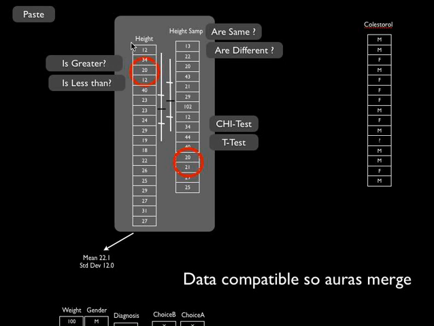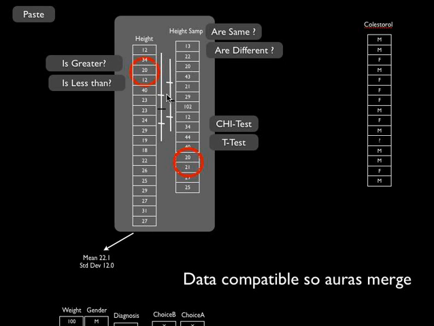So for example, it recognizes that these two columns are the same types, they're both numbers, but they're of different lengths. So for example, it can actually say, is this group of data a sample of the other group of data?